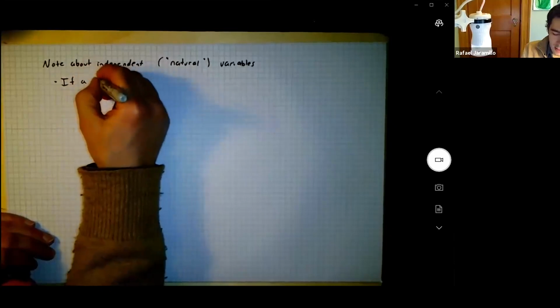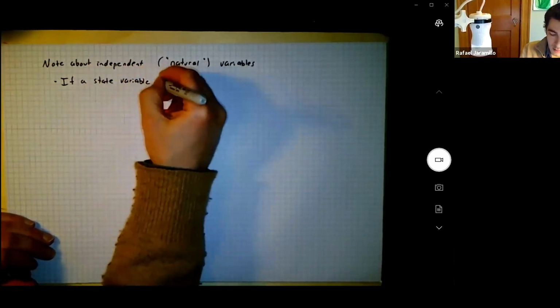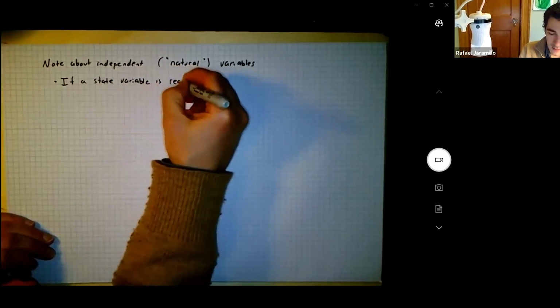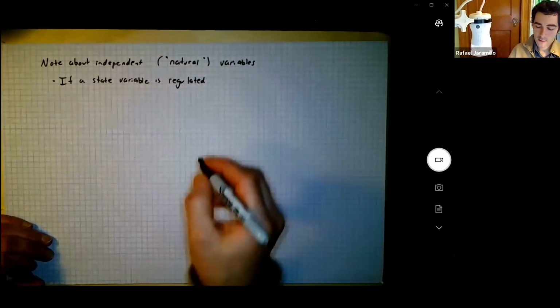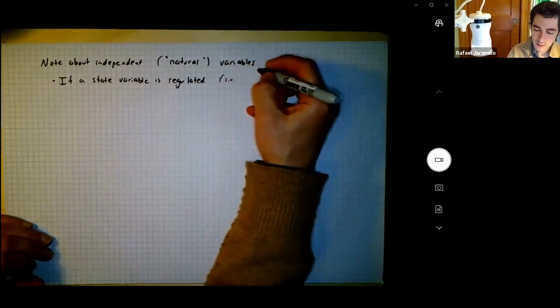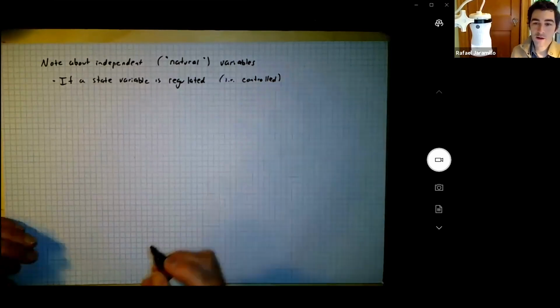If a state variable is regulated, what does that mean? Controlled. Right? Regulations are controls.